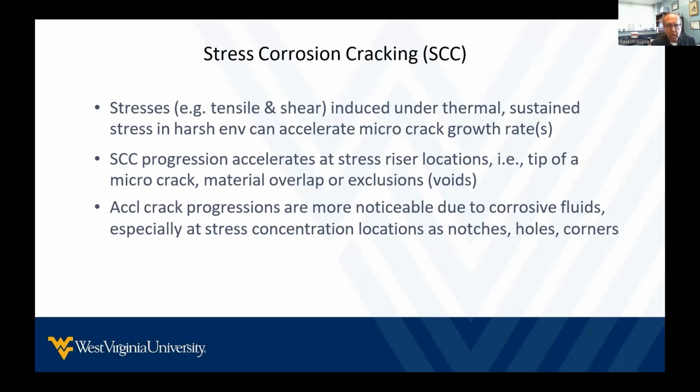Another mode of deterioration is stress corrosion cracking. This affects amorphous polymers more than crystalline polymers, which means that the matrix in a FRP is likely to be hurt due to the occurrence of stress corrosion cracking. What one finds is that liquid, say moisture, diffuses into the polymer.